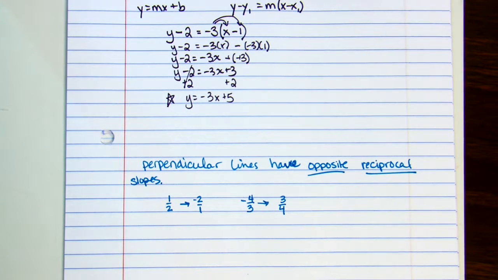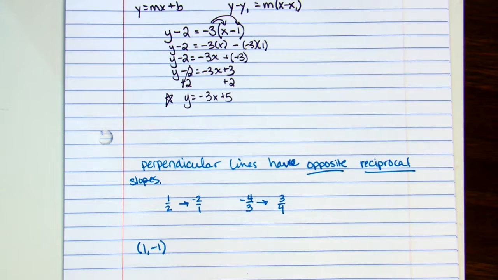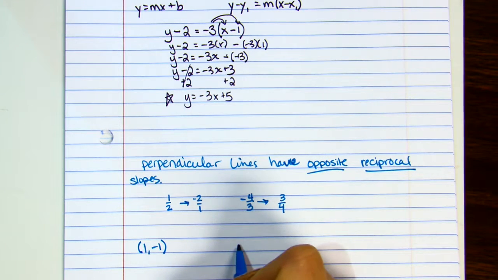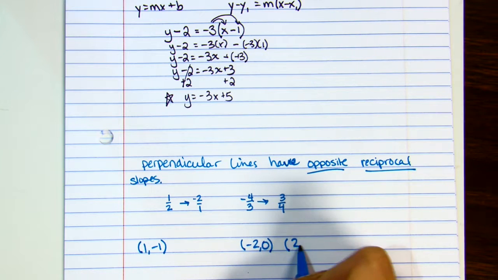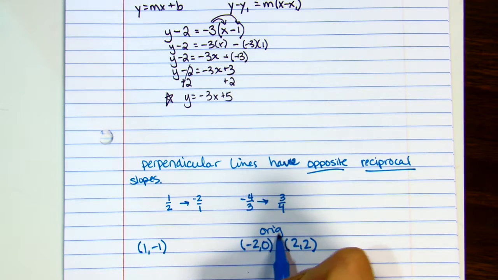So, let's see. Let's write an equation of the line that passes through the point (1, -1), and it's perpendicular to a graph that goes through (-2, 0) and (2, 2). So this is our original line.